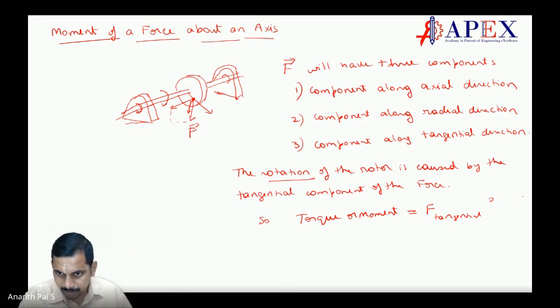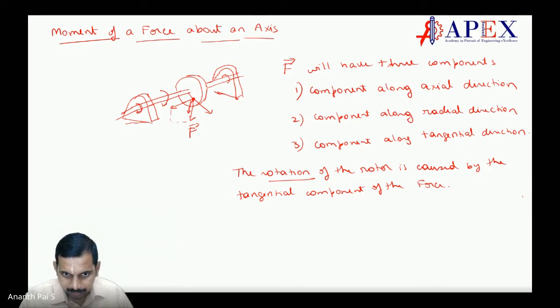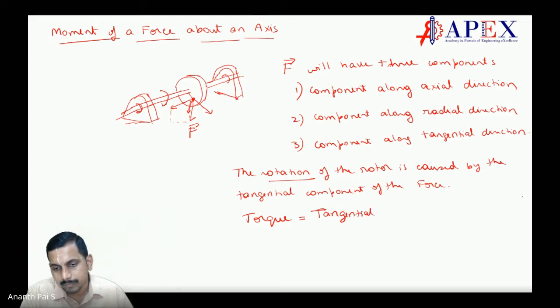Wait a minute, students. Let me write it a bit nicely. I'm writing the same thing, but in a bit better fashion. Torque is equal to tangential force into distance from the axis of rotation.